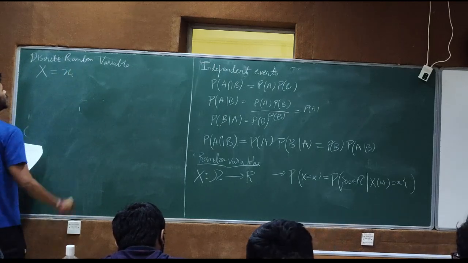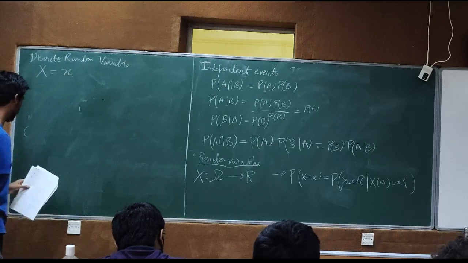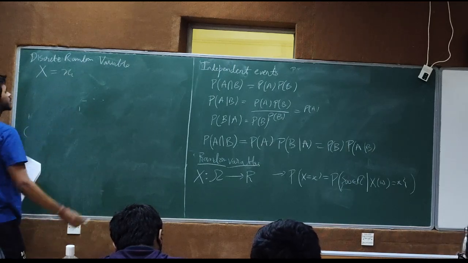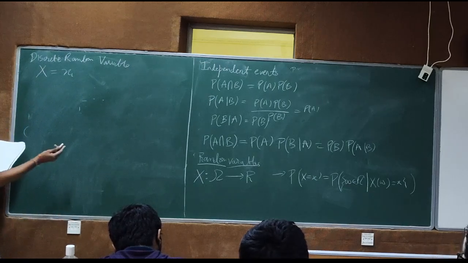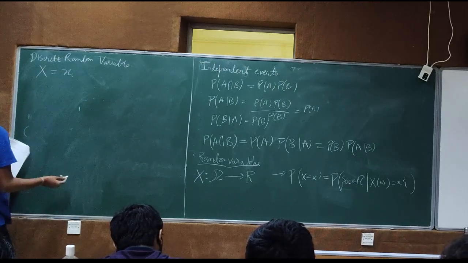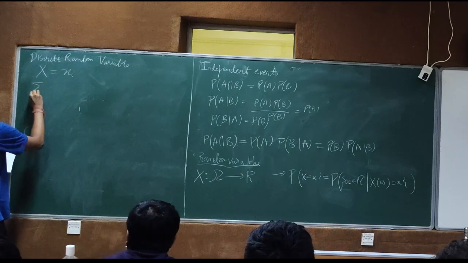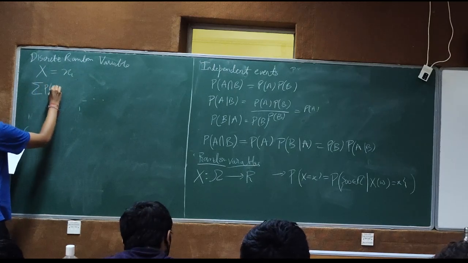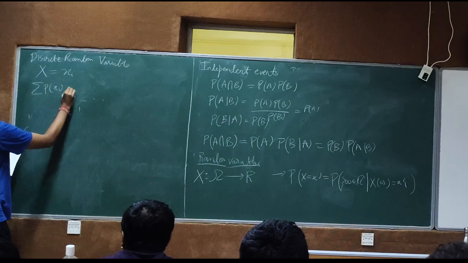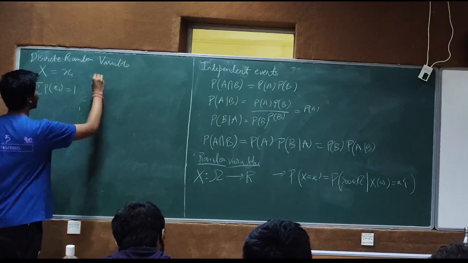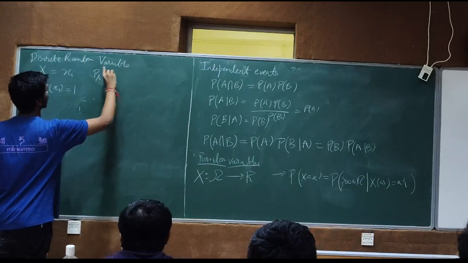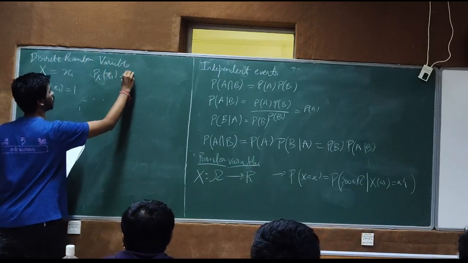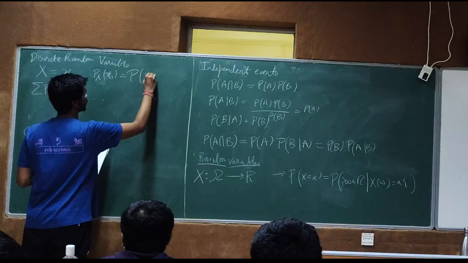You can call them x_i and label them by indices, because they are countable. We call P_X(x), the probability that X is x, the probability distribution.